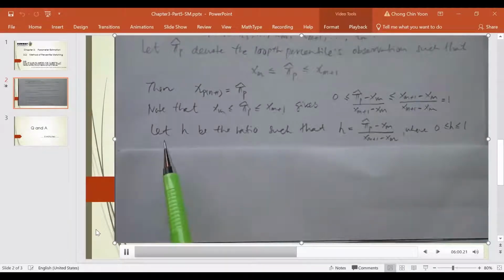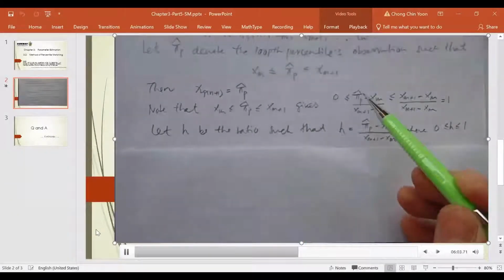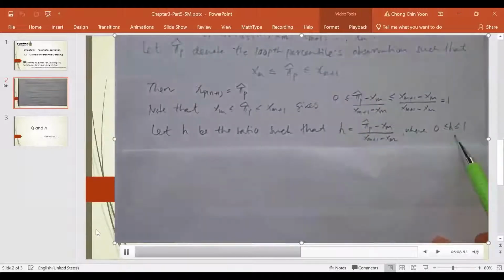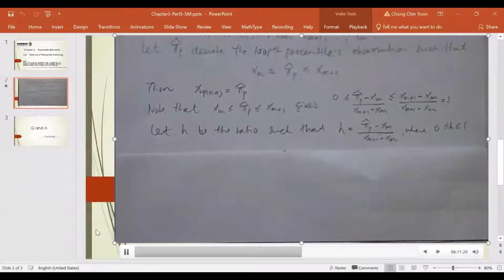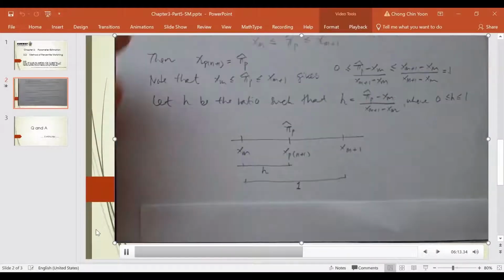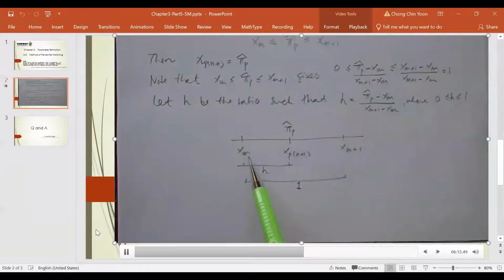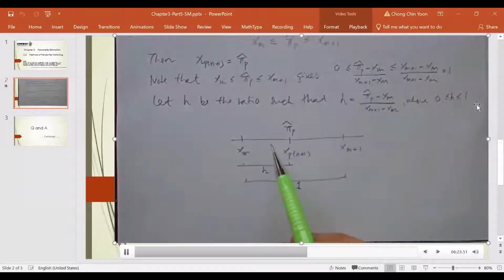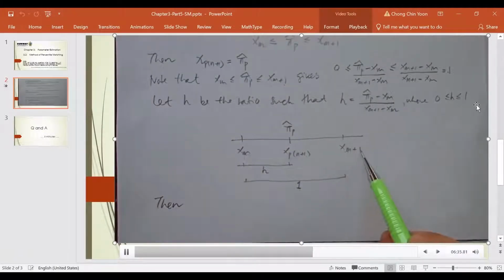Now let h be the ratio such that h will represent this, where h is bounded from 0 to 1. And next we look at the following diagram. If the ratio of the length of xm to this observation, which is h, compared to the ratio length from xm to xm plus 1, which is 1, then m plus 1, you will have m plus 1.